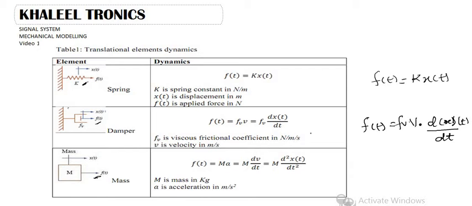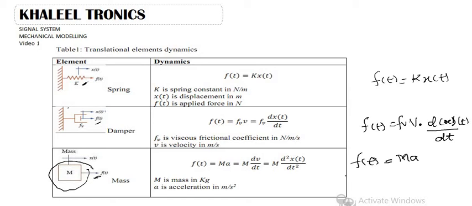If you want to find the applied force F of T, we say mass times the acceleration A, where acceleration is velocity per unit time.